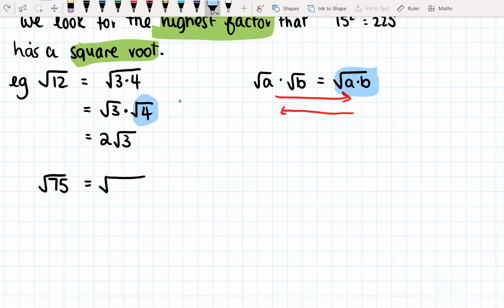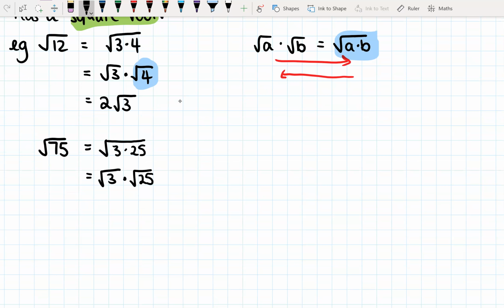So 75 is the same as 3 times 25. We can now write that as the square root of 3 times the square root of 25. The square root of 25 is something we can simplify. That becomes 5. So we have 5 times the square root of 3.